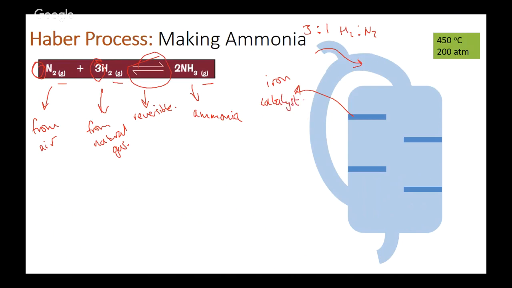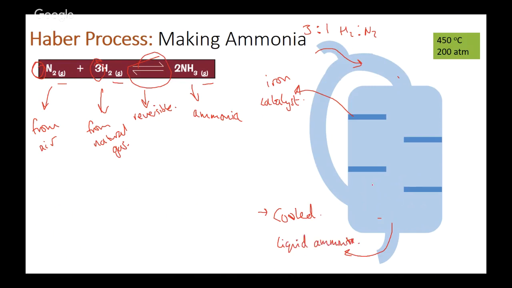And these 2 gases will react together to form ammonia inside the reaction vessel. Then what needs to happen is the reaction vessel needs to be cooled, and liquid ammonia comes out of the bottom.